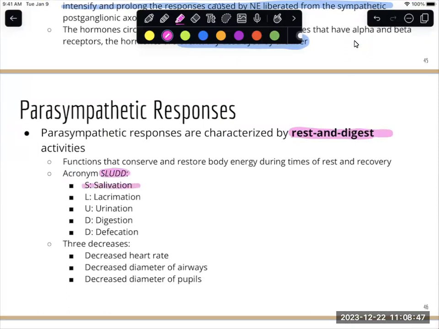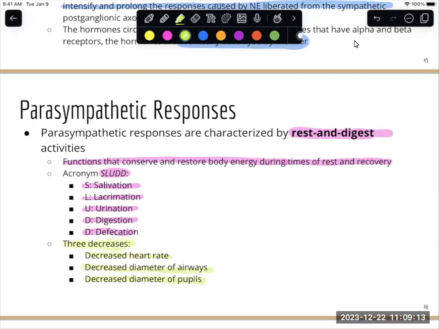It increases salivation, increases lacrimation, urination, digestion, and defecation. These are all functions that conserve and restore body's energy to that time of rest and recovery. We also have a decrease in heart rate, decrease in the diameter of airways, and a decrease in diameter of your pupils.